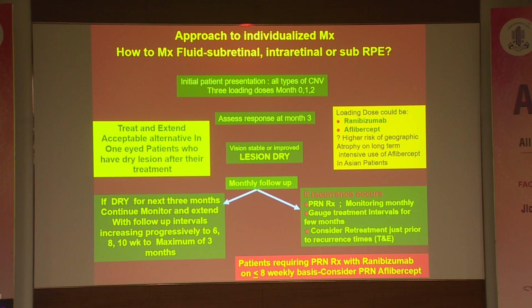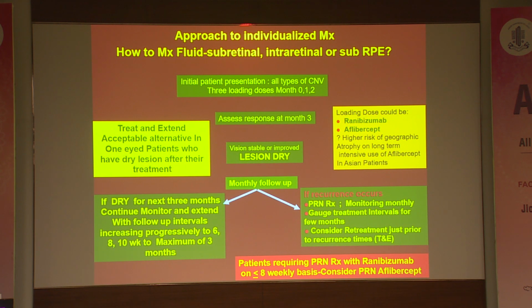In a one-eyed patient where you don't want to take any risk at all and you want to be absolutely safe, you may decide to use a treat and extend regime because you will be treating proactively, not letting the recurrence come.